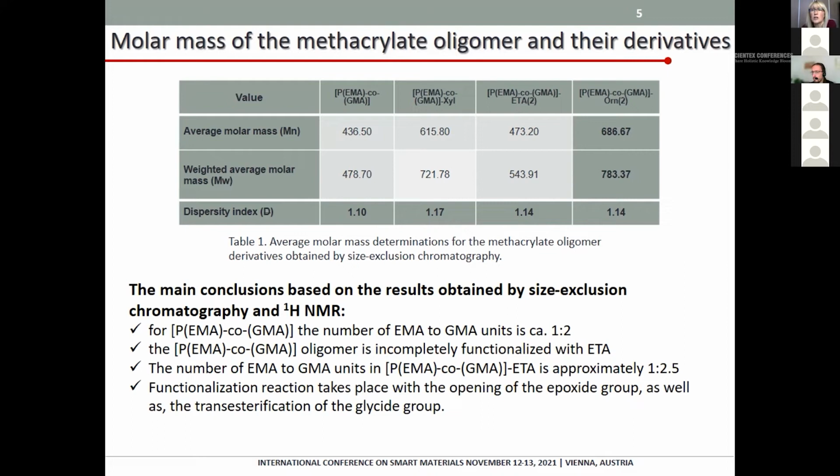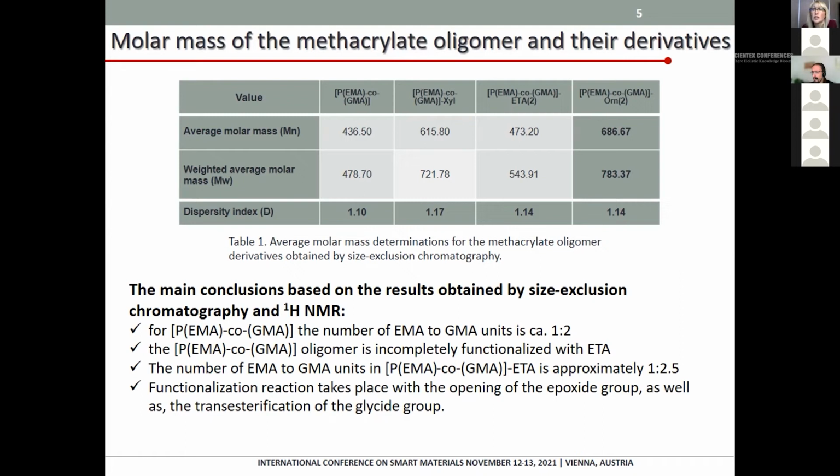Second, the co-oligomer is incompletely functionalized with ethanolamine; the presence of two singlets in the NMR spectrum proved the incomplete conversion of the epoxy groups into the functionalized co-oligomer. The ratio of EMA to GMA units in the co-oligomer is approximately 1 to 2.5.